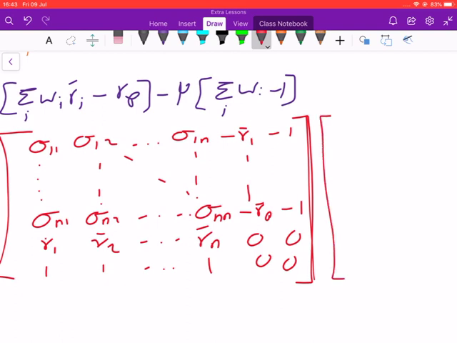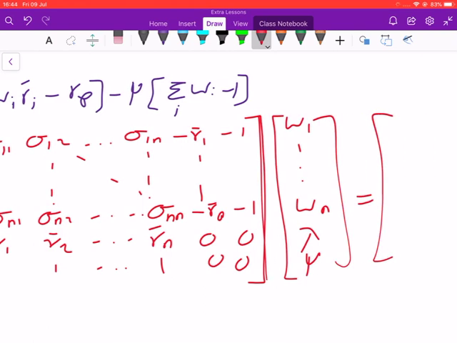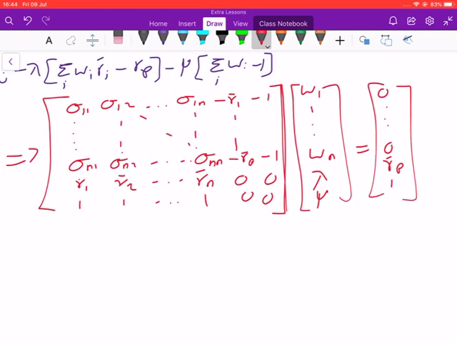So you have weight of 1 up until weight of n, and then your lambda and your mu. All this equals 0 up to 0, the returns of your portfolio, and 1. Then you are going to reduce this equation.